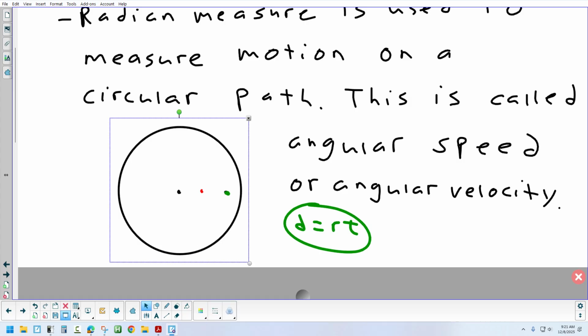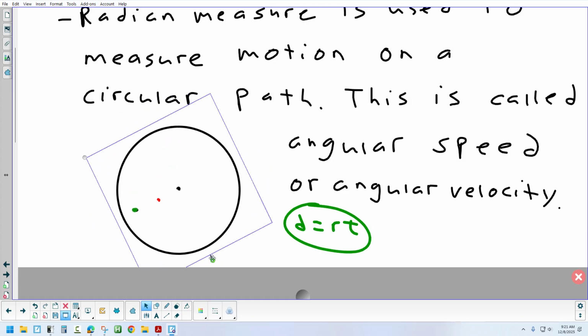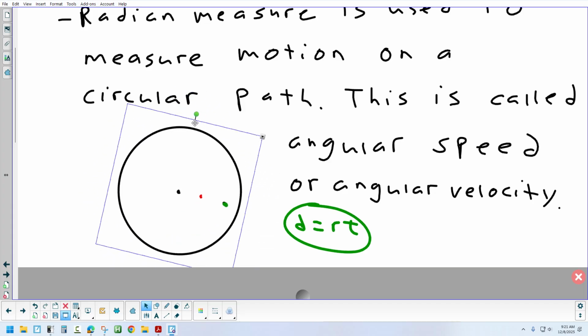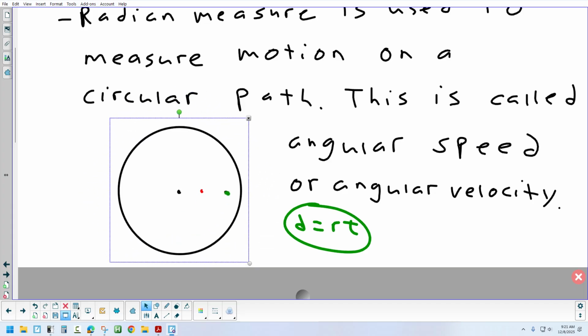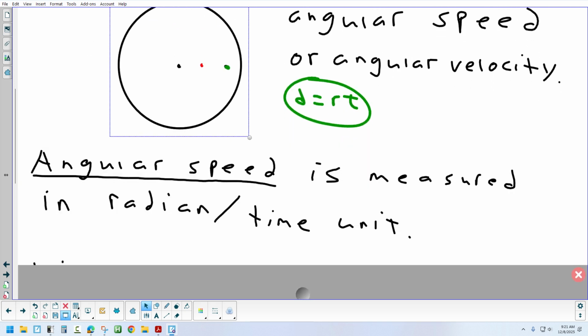Every dot on this circle is making one revolution, and maybe it took me like 4 seconds to go all the way around. So they're all traveling at 1 revolution per 4 seconds, and they're all traveling at the same angular speed. Angular speed will always be measured in radians per whatever time unit the problem gives you.